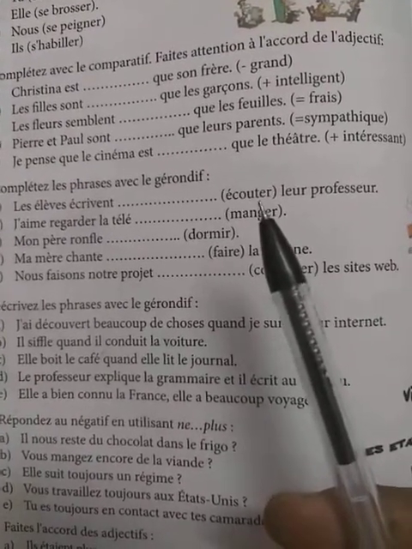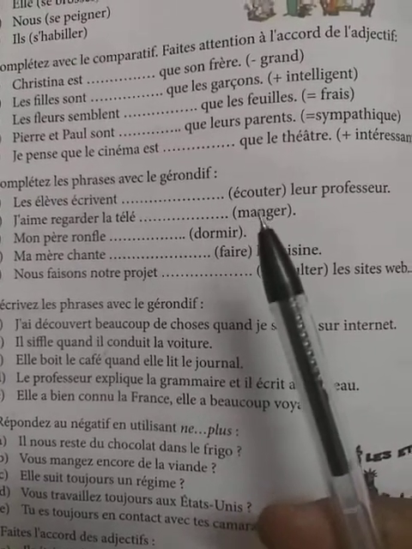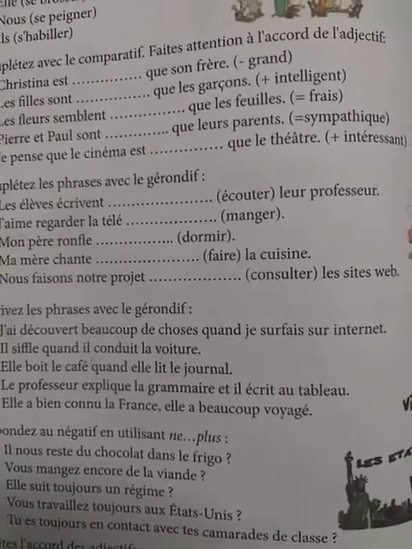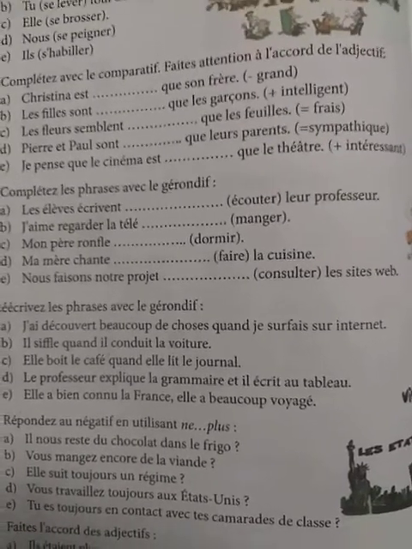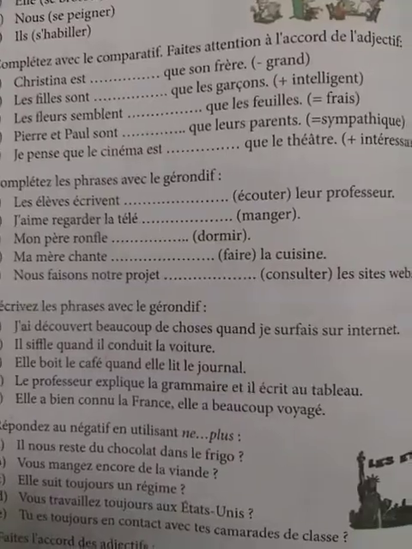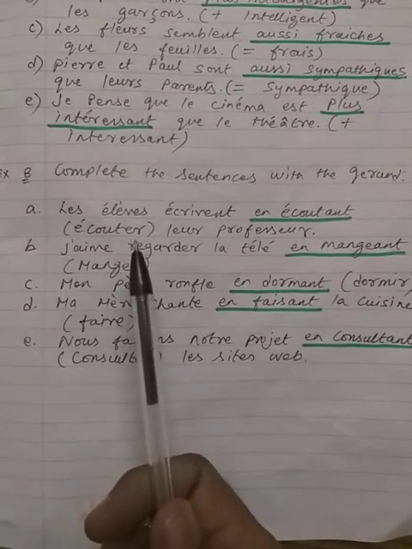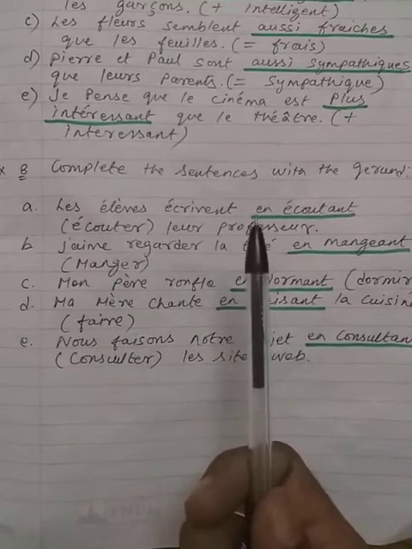Écouter is an er verb. What is the first person nous conjugation for the écouter verb? Nous écoutons. You have to cut the ons and replace it by ant. Put the preposition first, en.